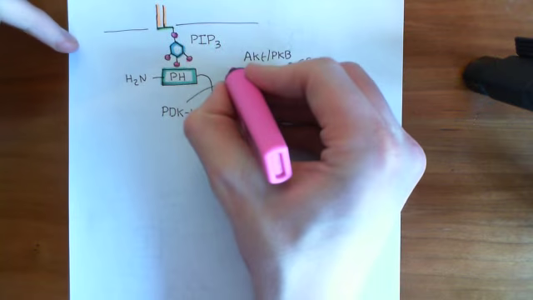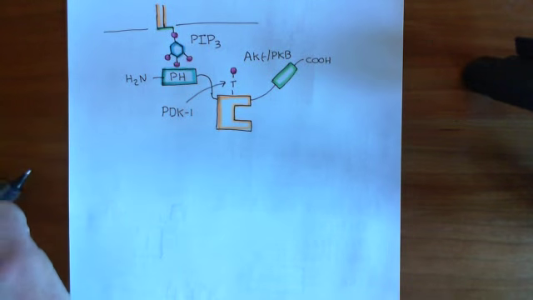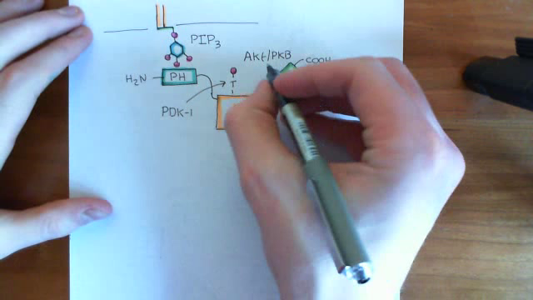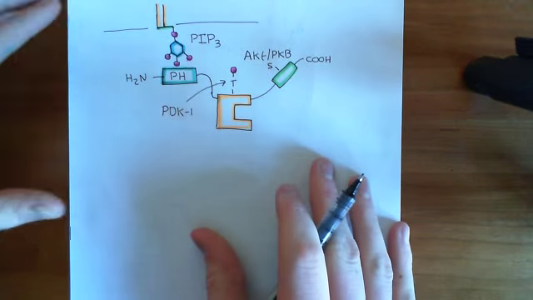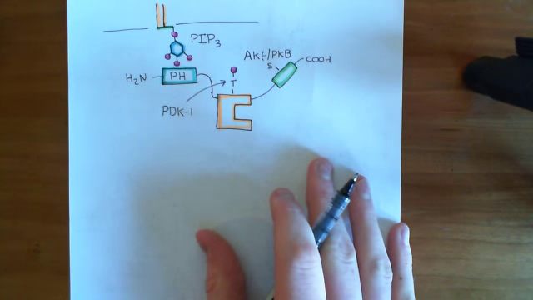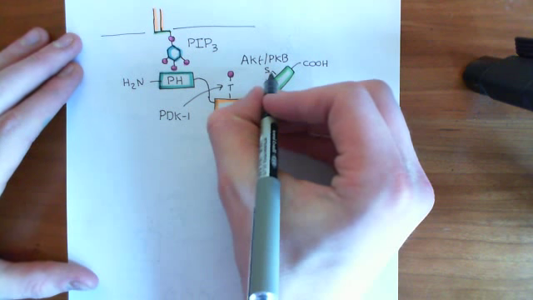Now, I told you that in the case of most of the protein kinase B enzymes, that is not enough. In the case of protein kinase B alpha, protein kinase B beta, and protein kinase B gamma, you also need the phosphorylation of the serine.